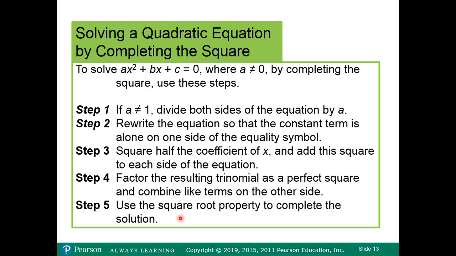Okay, so the first step is if the leading coefficient is not 1, you need to divide both sides by the leading coefficient, because you need to have the leading coefficient be 1 to use the completing the square method. Then step 2 is you rewrite the equation so that the constant term is alone on one side of the equality sign.